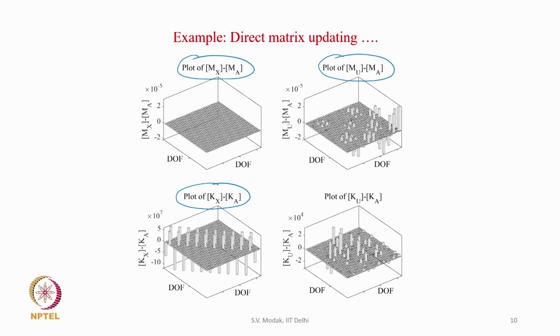We see that error exists in entries along the diagonal. On the right-hand side we have a plot of Ku minus Ka, which is the change in the stiffness matrix of the FE model because of updating. If we compare these two plots, the changes made in the stiffness matrix are not consistent with the error in the stiffness matrix before updating.